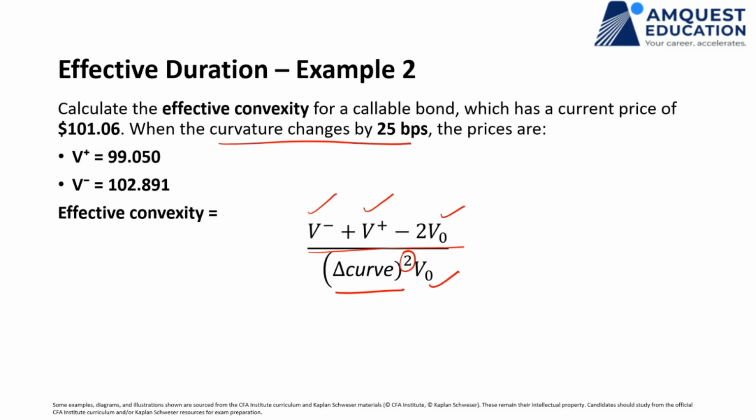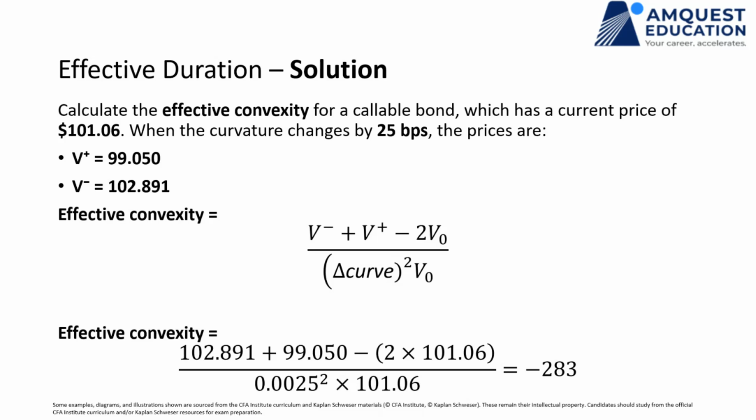So this header should be effective convexity. Plugging in all these numbers, effective convexity comes out to be minus 283.